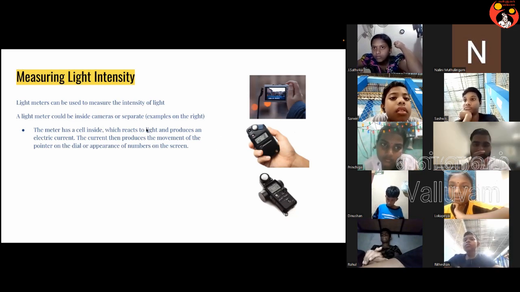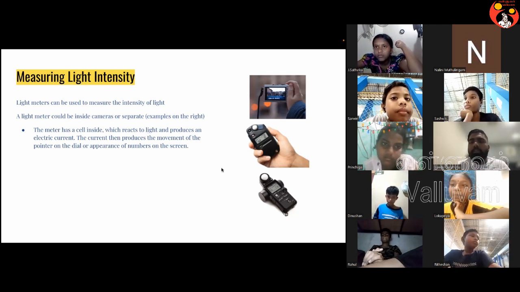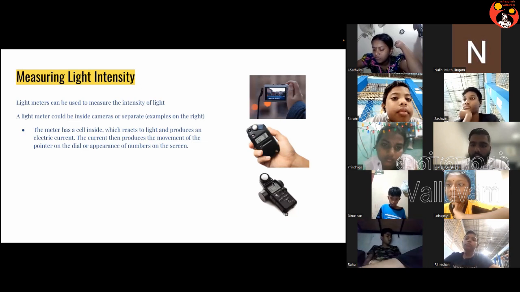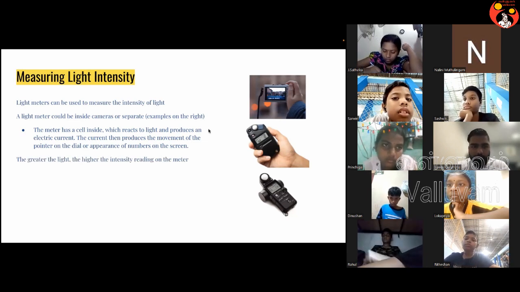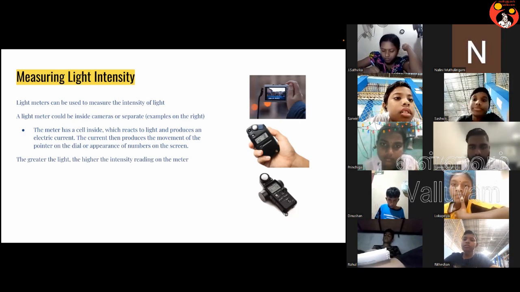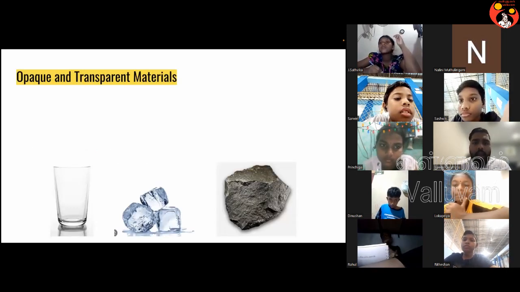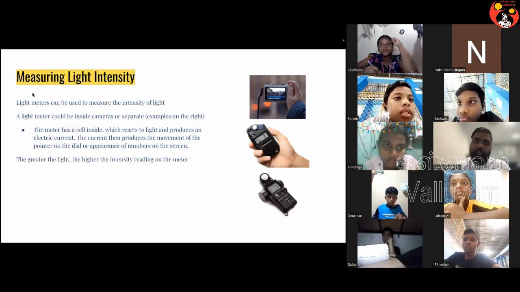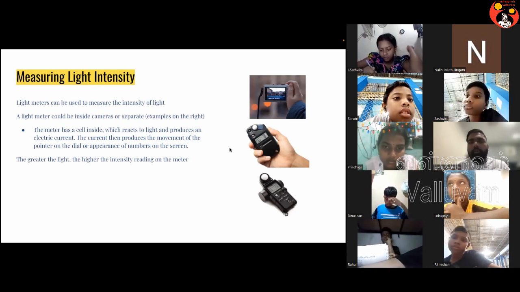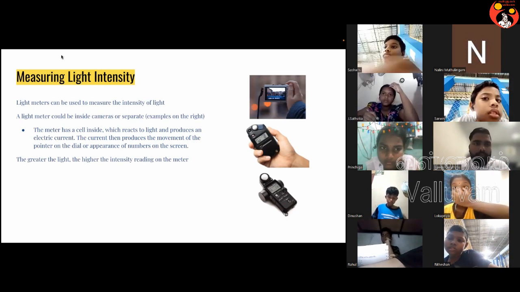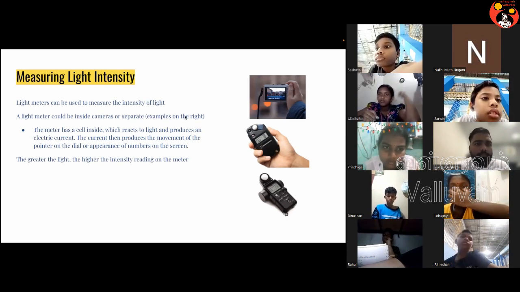So it's the current, right, which then produces the result that we get displayed on the devices there. The greater the light, the higher the intensity, as you can imagine. And yeah, that's pretty much it. So it's just explaining that there is a way for us to measure the intensity of light that can be done through certain devices. Sashwin, question?